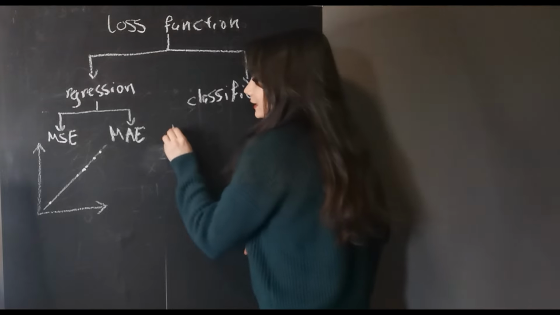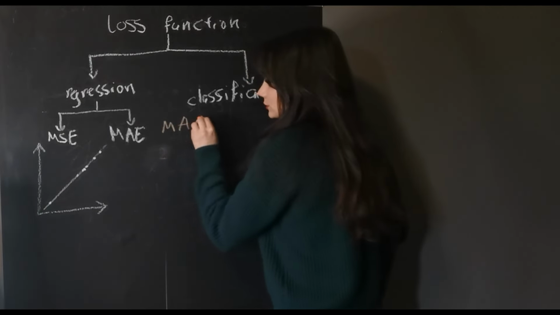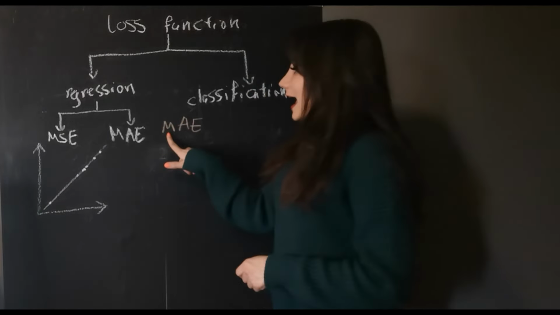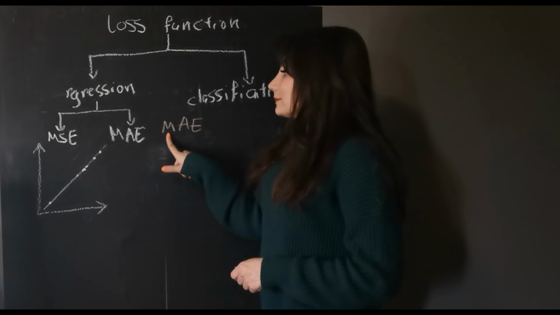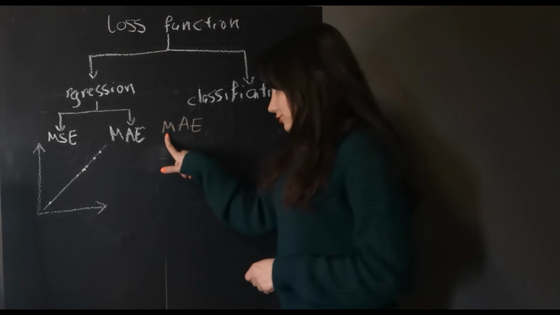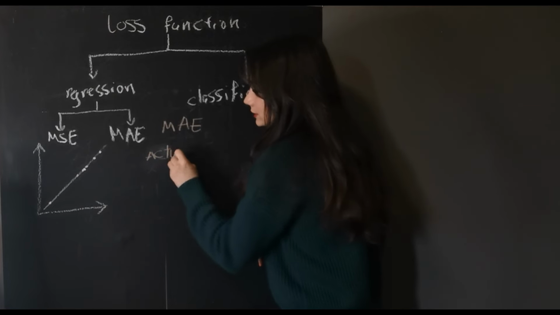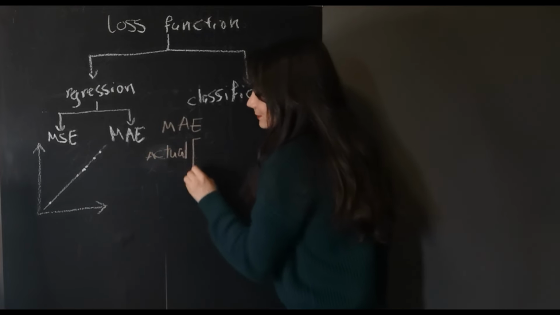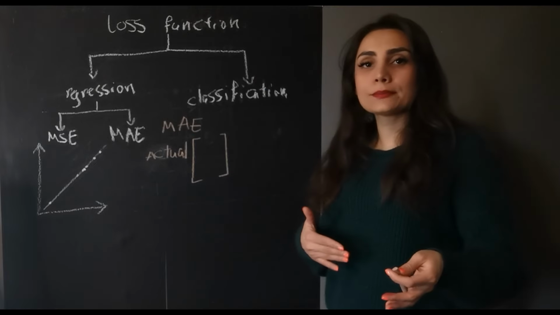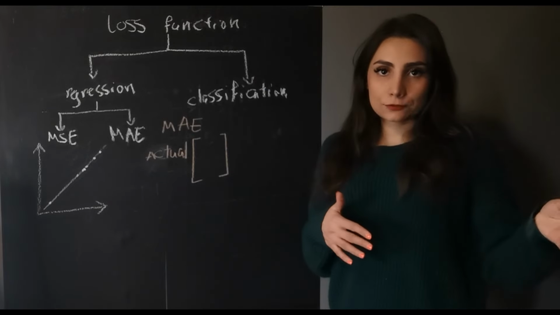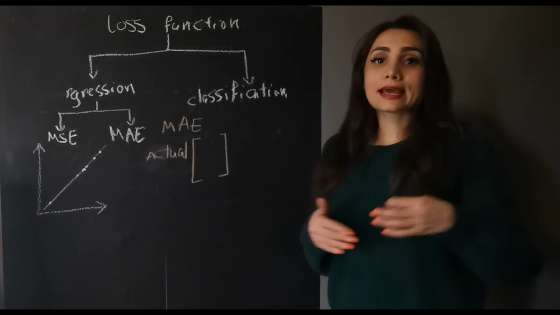Okay, so when we're talking about mean absolute error, first of all, we have mean here. That means that we are getting the average. If I have actual values, when I say actual, that means the labels that we gave to the model, and then the model is trying to guess the value.